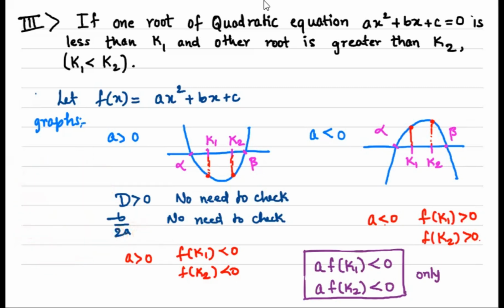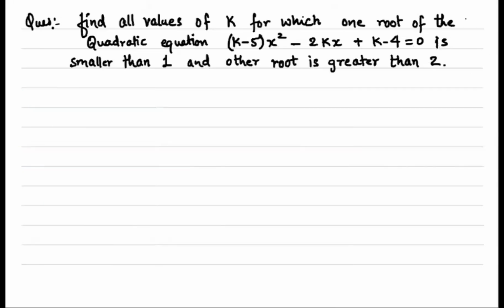So the only case we get here is a times f of k1 is less than 0 and a times f of k2 is less than 0. All right. So now let's do one question based on this. The question says, find all values of k for which one root of the quadratic equation (k minus 5)x squared minus 2kx plus k minus 4 equal to 0 is smaller than 1 and the other root is greater than 2.